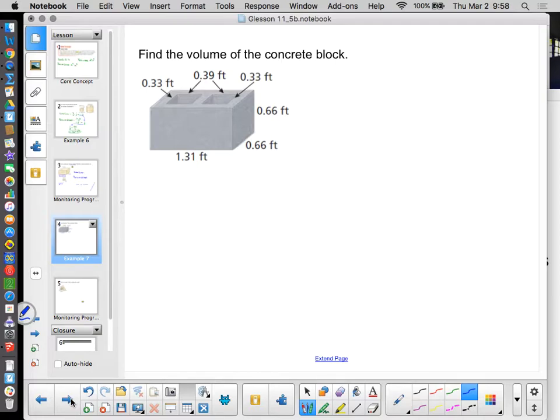So, what do we do? Well, what we're going to have to do is come up with a strategy. You've got to think of a plan. So before you even begin, make your plan. My plan would be to find the volume of the whole thing. And I notice that the two inside holes of the block are exactly the same dimensions.